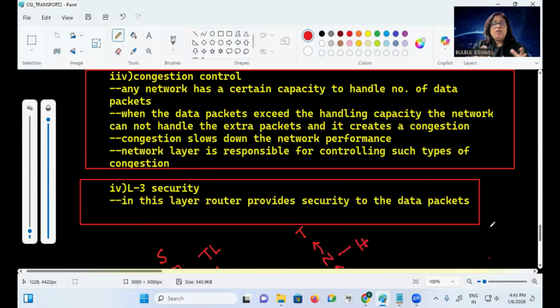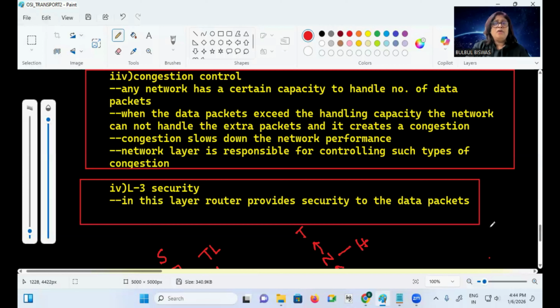Whenever hosts belonging to different networks want to communicate with each other, at that moment we have to establish communication between those hosts by using a device called the router. So we call the router a layer 3 device. If there is no router, there is no communication in the world.